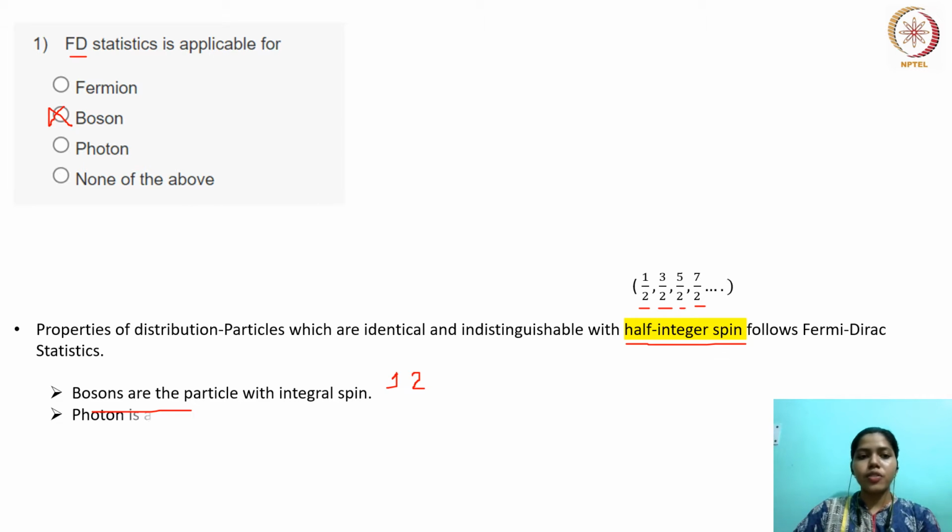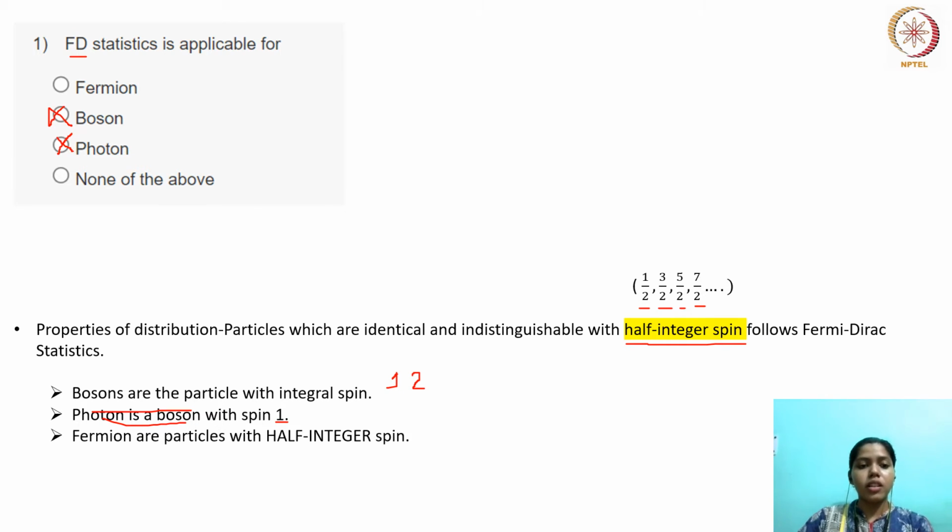The third option is photon. So photon is actually an example of boson with a spin value 1. So again it is not satisfying this spin condition, that is half integer spin. So the third option will also get eliminated here. Okay, so now the fermions.